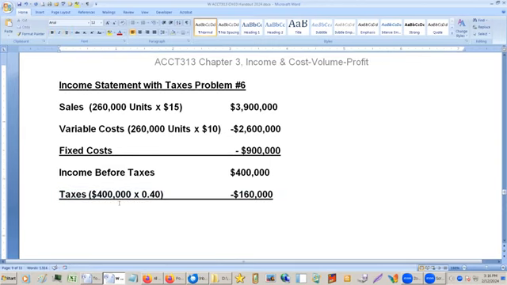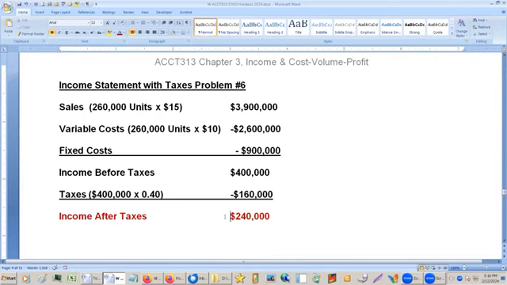And so this will give us our income after taxes. $400,000 minus 160. Yes, that's the 240. A long way around the barn, but that's the 240 that we wanted for our after tax income.